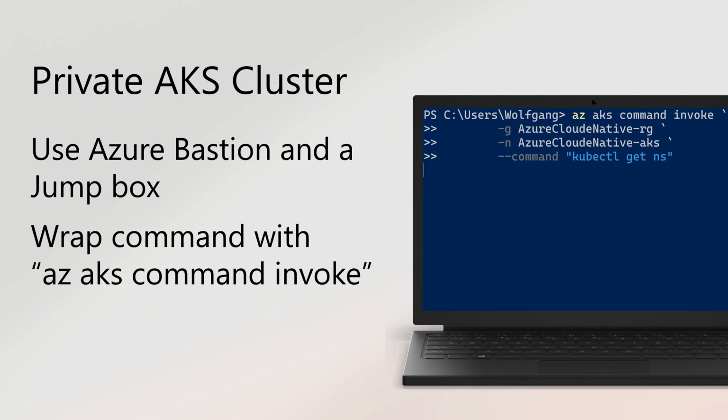Another option would be to wrap our command in the Azure CLI command AKS command invoke. If you take a look at the screenshot here, we can execute AKS command invoke. We provide the name of our AKS cluster, the resource group, and then inside the command parameter, we write what command we want to execute.